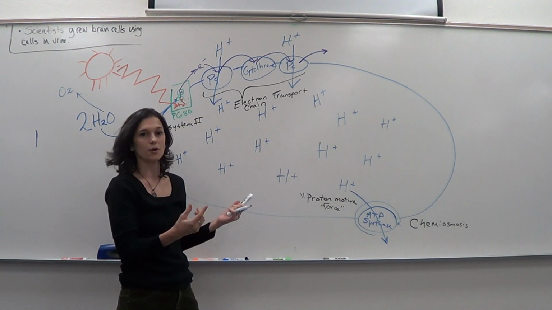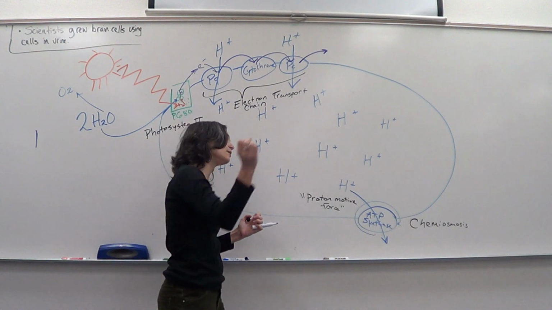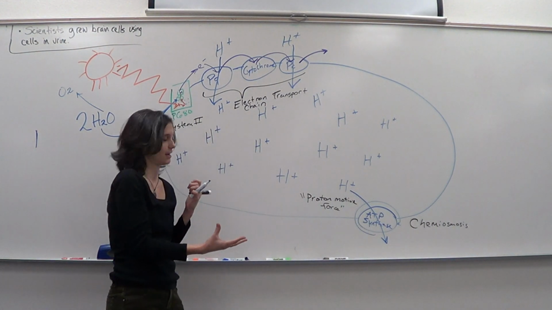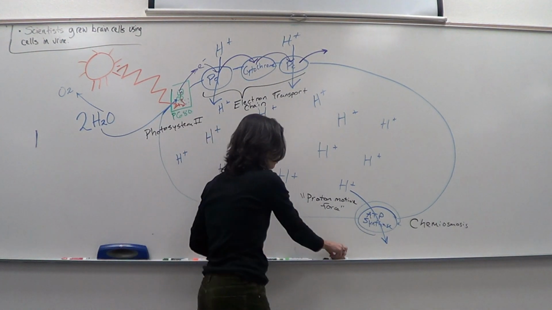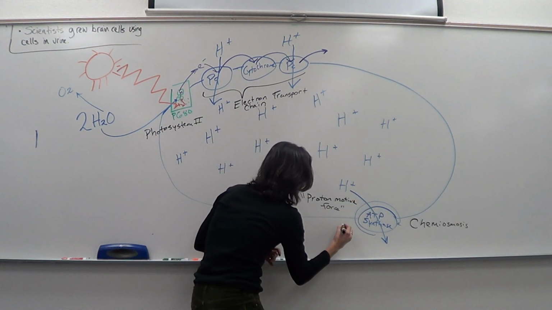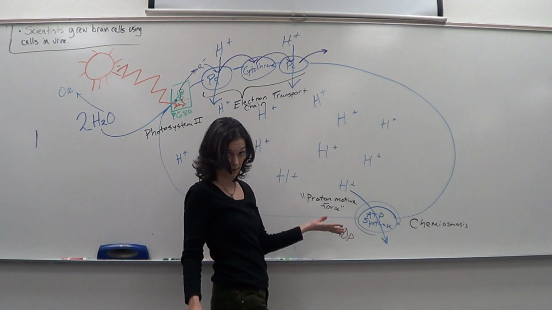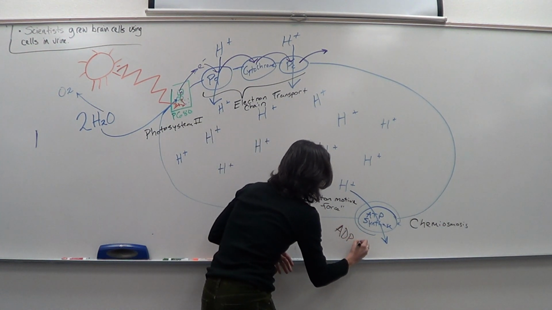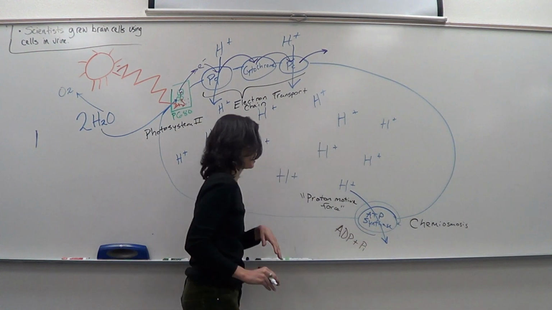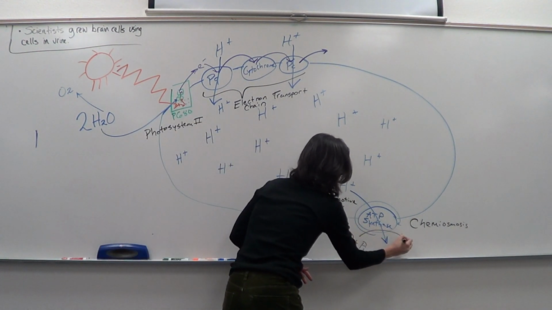And now, as you know, things that turn, those are engines. You can take that energy and use it to do some other kind of work. So in this case, what we are going to do with that energy is this protein is going to take one adenosine diphosphate, ADP, and also another phosphate molecule, and those will go into the ATP synthase.